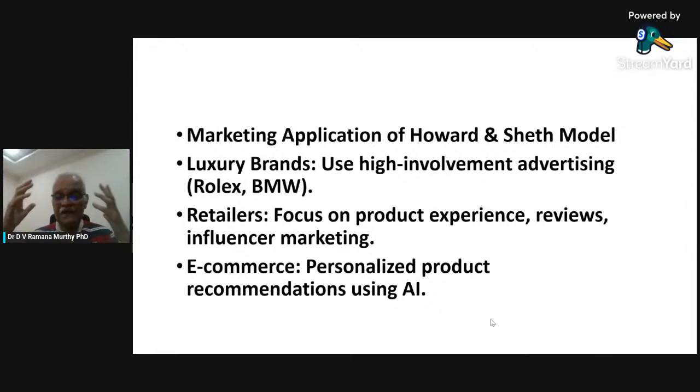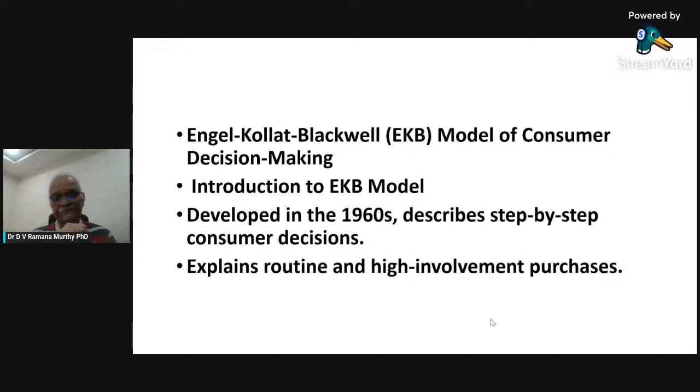Oh my god, I receive a mail from Tesla, I receive a mail from BMW, or even on your mobile app you receive a message. So these personalized product recommendations come to you using artificial intelligence. That's interesting. So that's the discussion on the Howard and Sheth model.